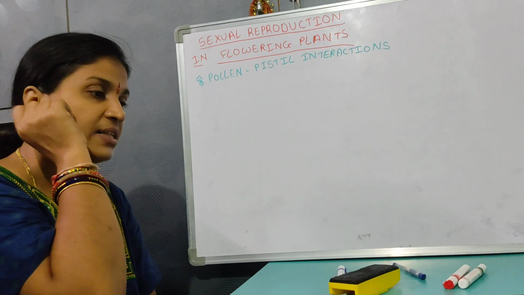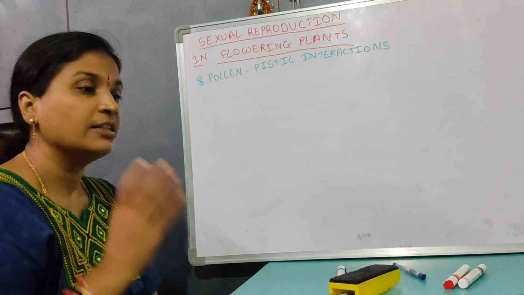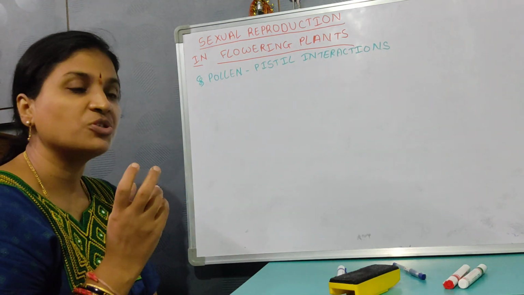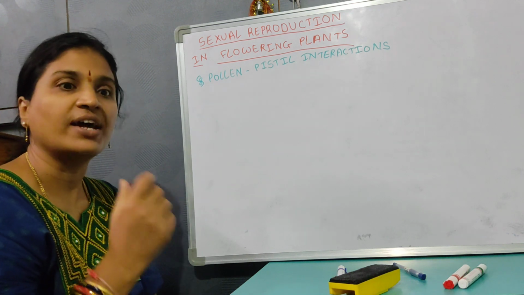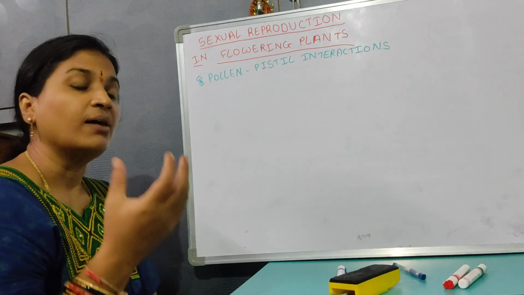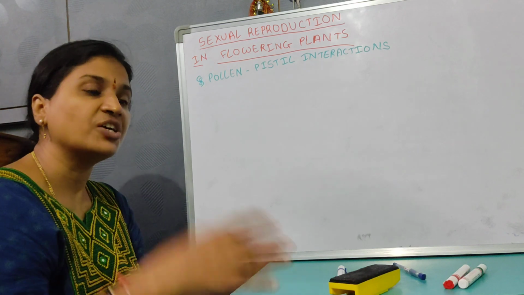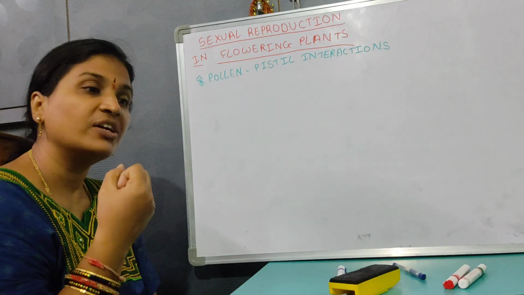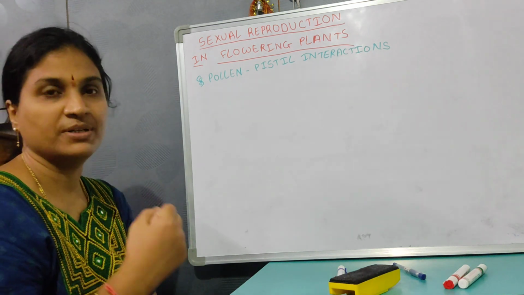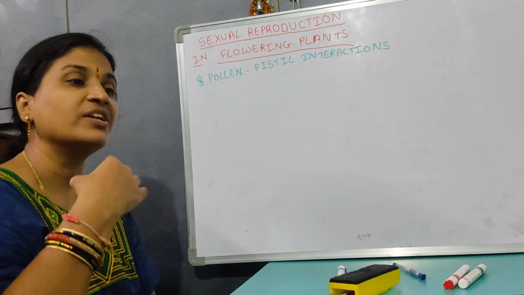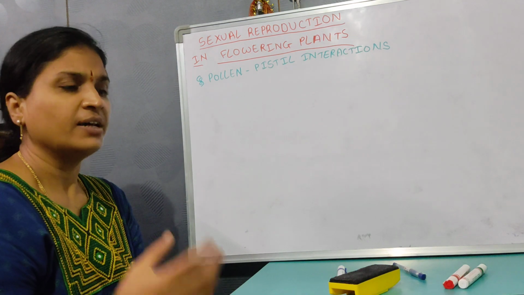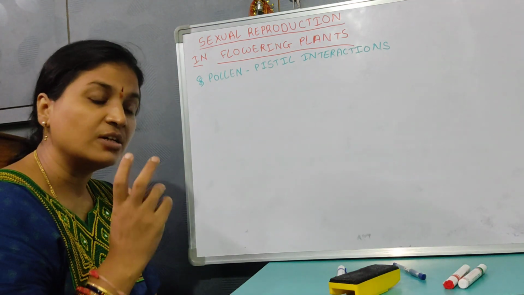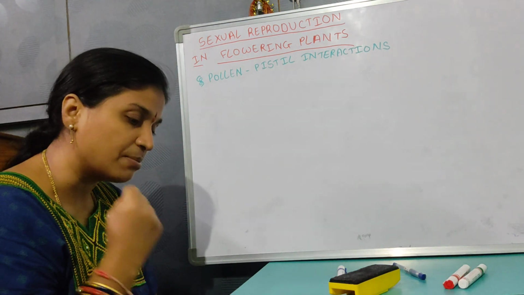If they have fallen on the stigma, the pistil should be in a position to identify the right one, accept it, and reject the wrong type. The compatible pollen grains must be accepted by the stigma, by the pistil, and the incompatible pollen grains must be rejected by the pistil. The stigma has that capacity.